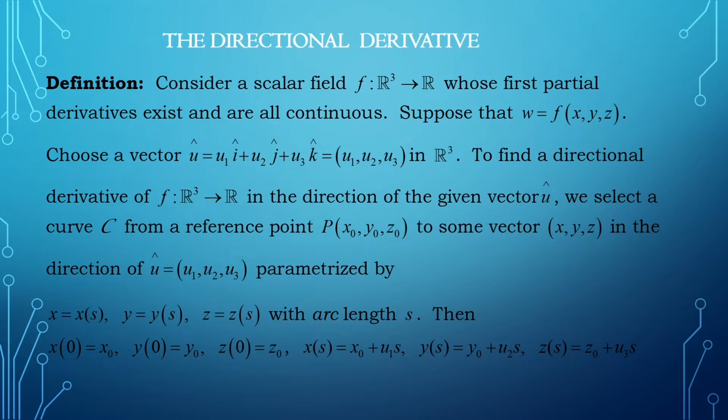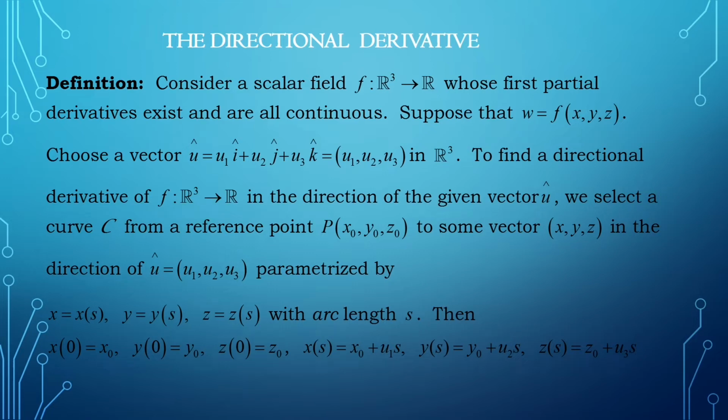But here we want the directional derivative of f in the direction of the given vector, say u cap equals u1 i cap plus u2 j cap plus u3 k cap. This vector u cap can also be represented as the triplet u1 comma u2 comma u3.